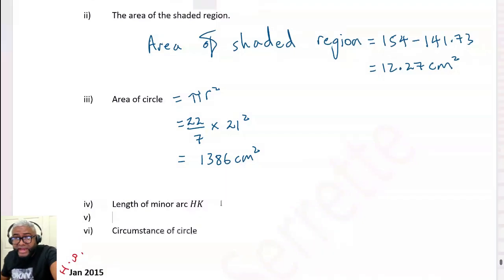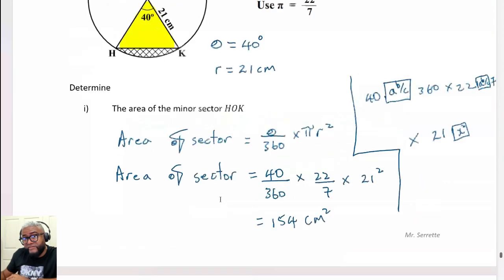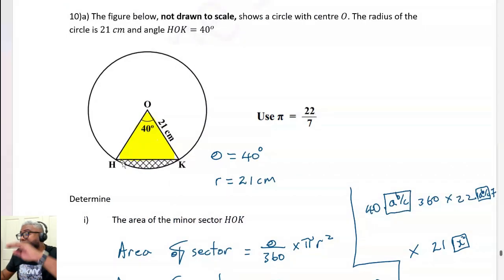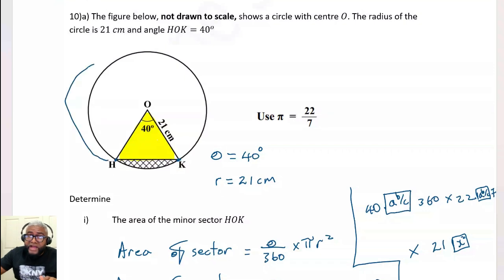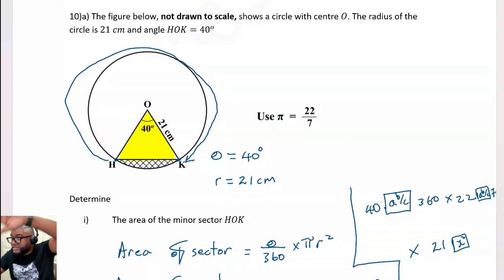Now they want the length of the minor arc. What is the formula for the length of the minor arc? When they say minor arc HK, if I have 2 points H and K, you could have a major arc, which is this big part of the circle, the circumference here. That is the major arc, right, Kaylee?